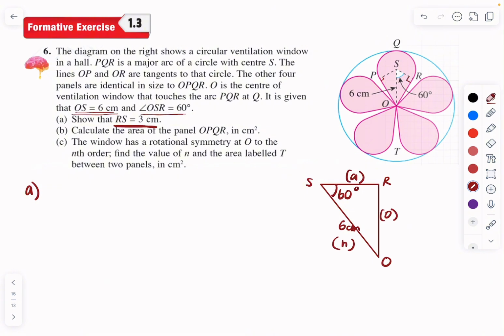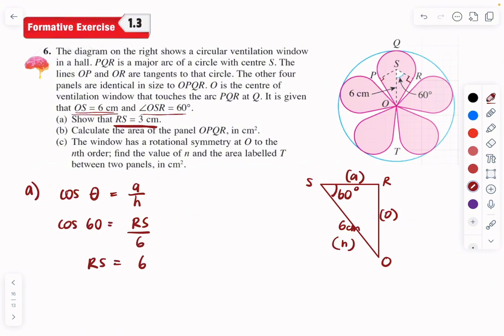So we need to find RS. RS is the adjacent. We have hypotenuse. So adjacent and hypotenuse is cos. Cos theta is A over H. That means cos 60 is RS over hypotenuse, which is 6.